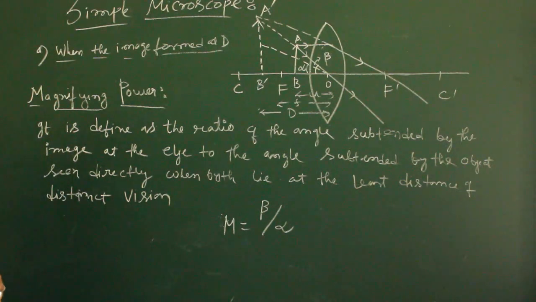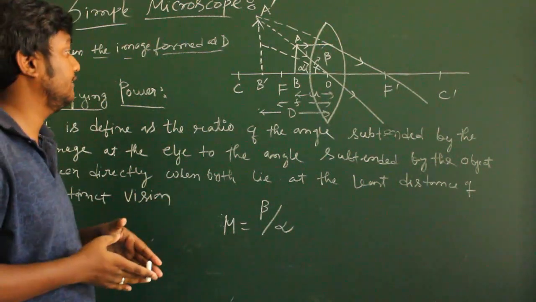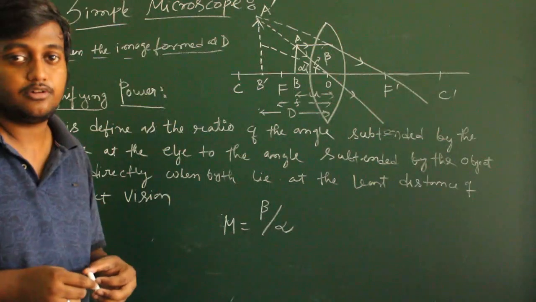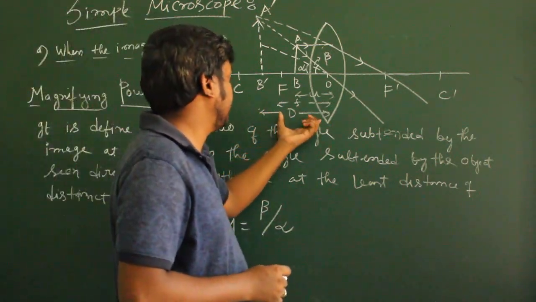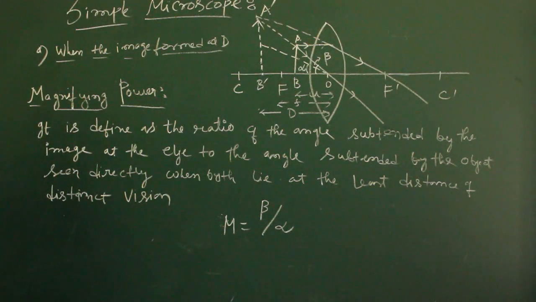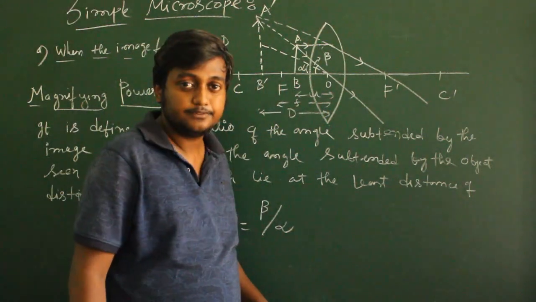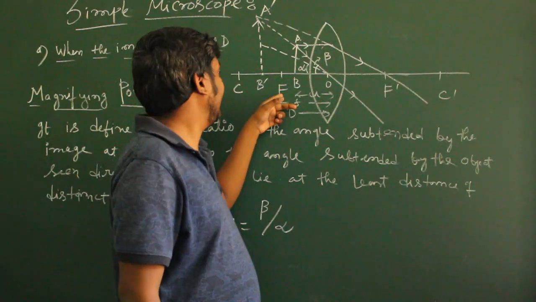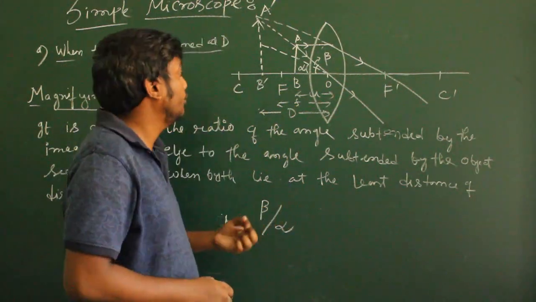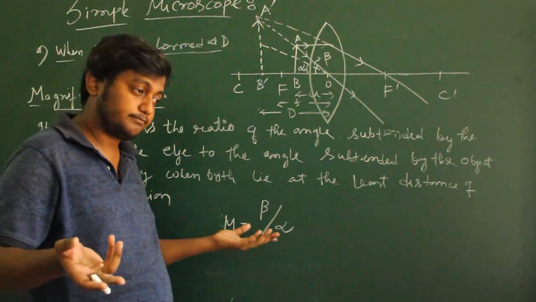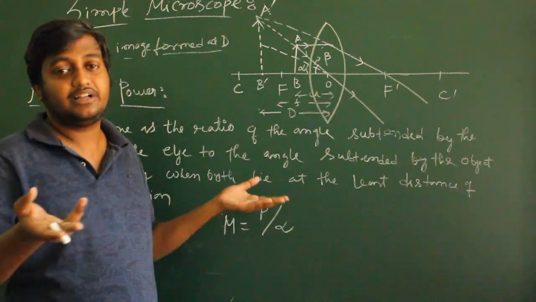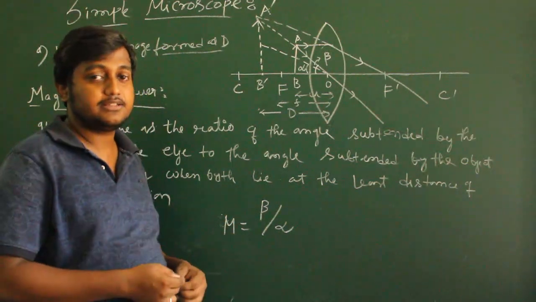Okay, now the first case I am going to discuss is when the image is formed at D. That means we place an object such that the image will be formed at the least distance of distinct vision, that is D, capital D. Now we consider one convex lens with optical center O, focus F, and center of curvature C. If we place the object between focus and optical center, it will give us a highly magnified, virtual and direct image.